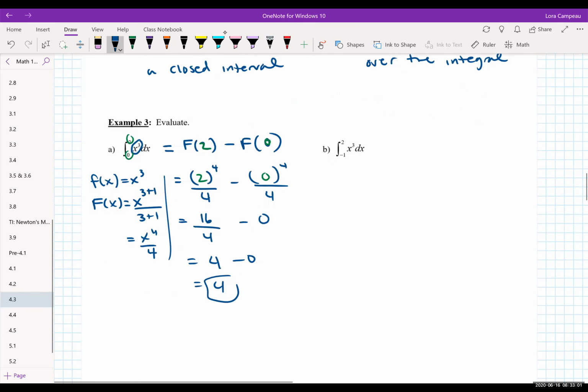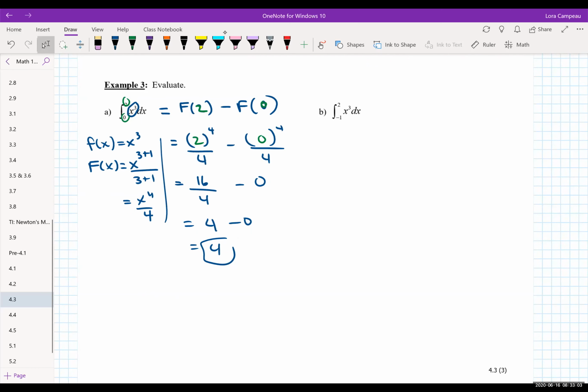And actually, I can make this a lot quicker. One of my preferred notations, an alternate version, tends to be a little more popular when you have more complications. Again, we're looking at the integral from 0 to 2 of x cubed with respect to x. What you can do is think about the antiderivative of the inside, which is x to the 4th over 4.